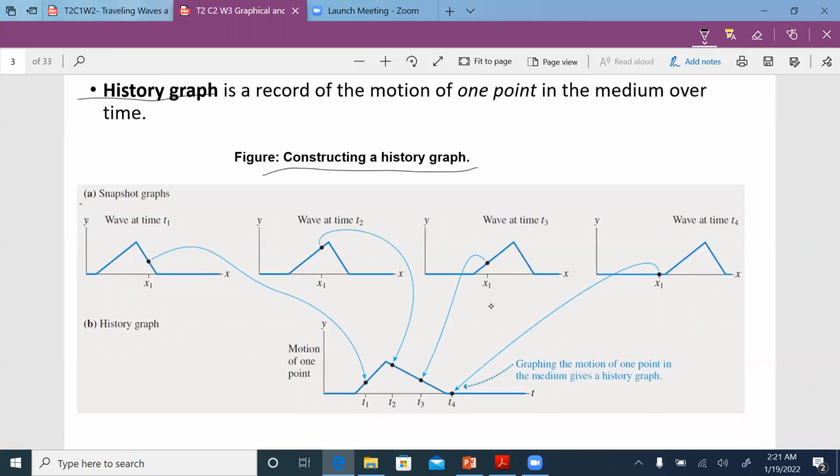We have the first part, several snapshots, the snapshot graph. Now we combine this snapshot graph to construct the history graph. If you look at the snapshot graph, let's assume we have a dot on part of that wave.